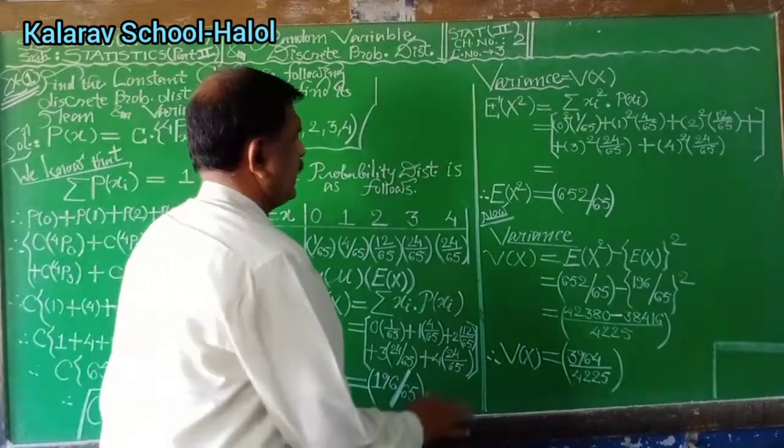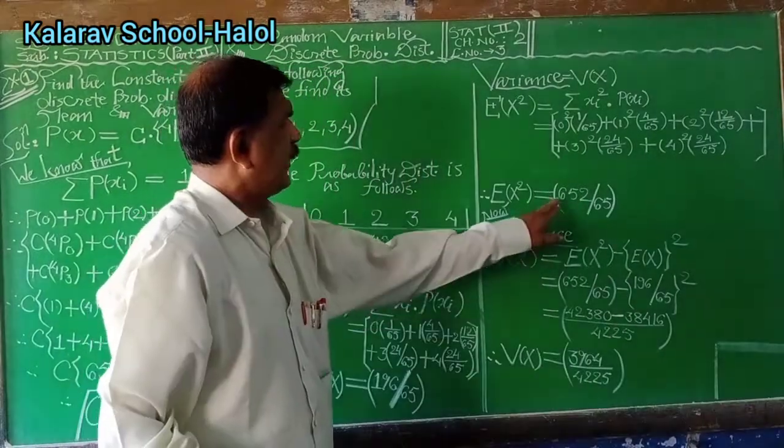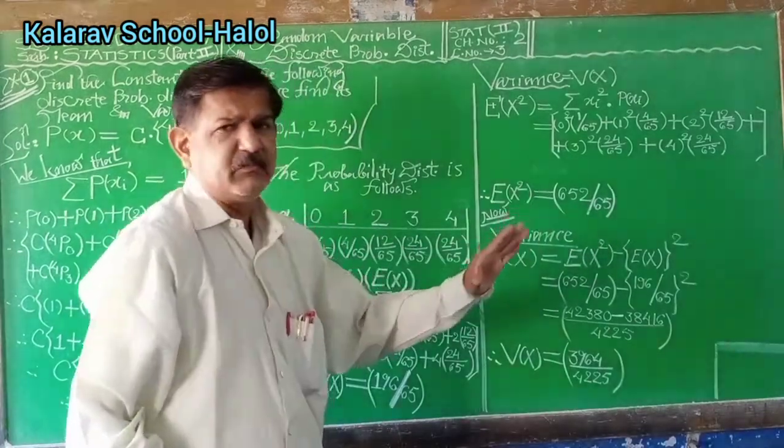Ultimately, E of x square is 652 upon 65.